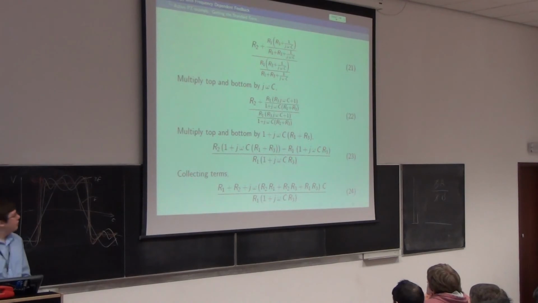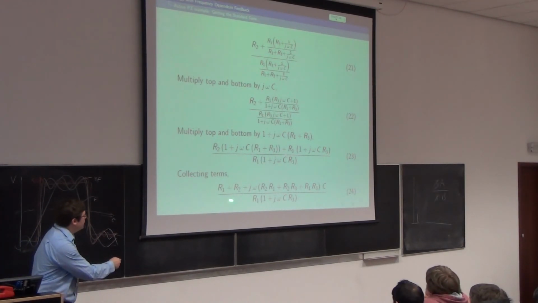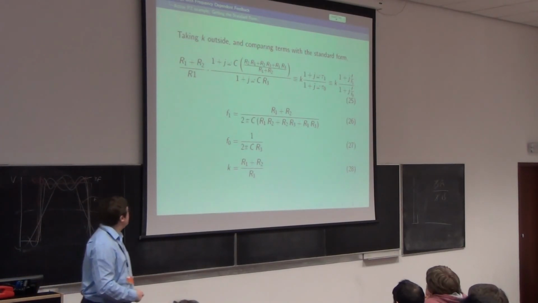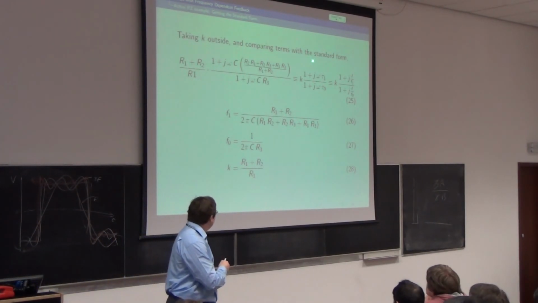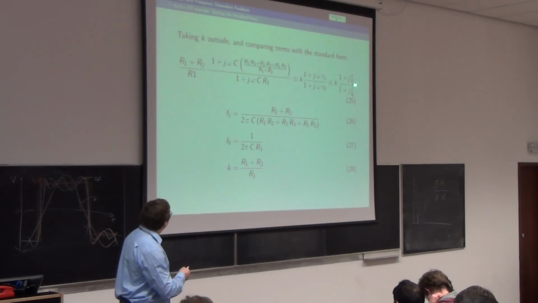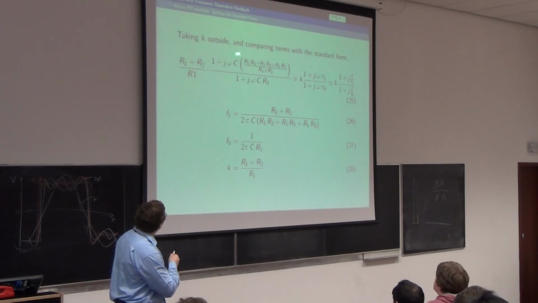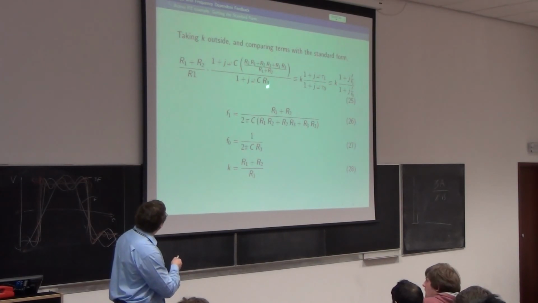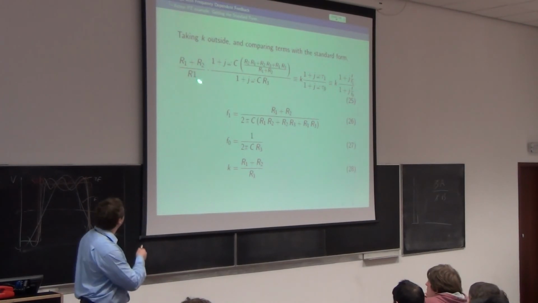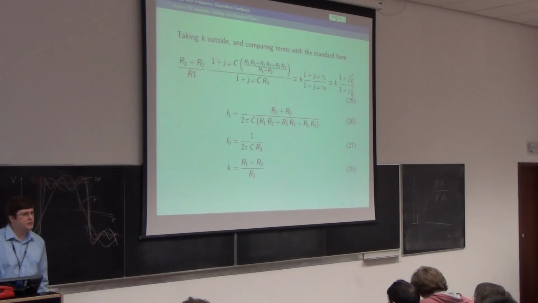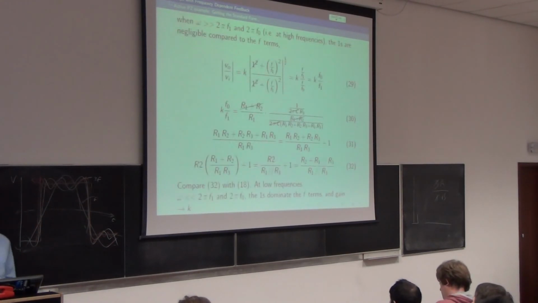And I'm going to take out the R2, the R1, and that R1 to make my K. So taking K out and comparing the terms with the standard form, I just compare this bit to that bit. F1 becomes this lot, which is really that fraction there, and F0 becomes 1 over that bit there. Well, I put 2 pi in at this point because it's f, and the K is that bit there. But this is how you would compare terms at the end. And you can do it with S as well, it makes no difference.